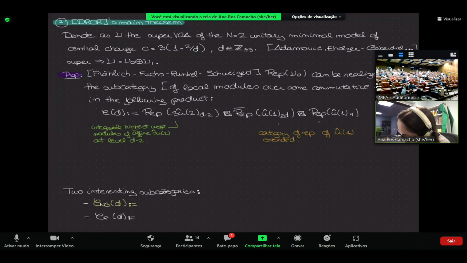But I would like you to think of them today as pointed categories. So this means that they are equivalent to Vect G omega, if that helps.